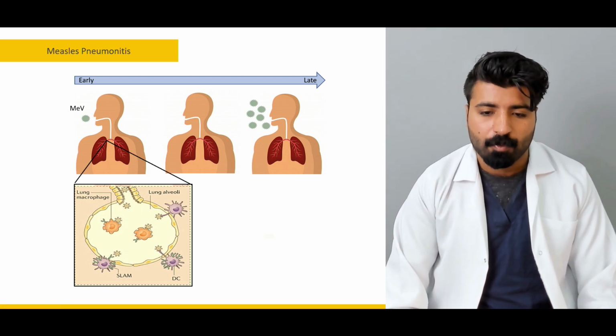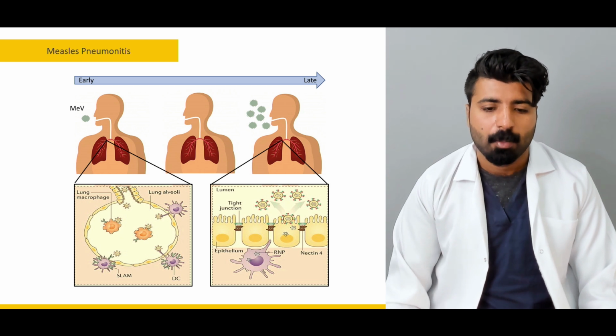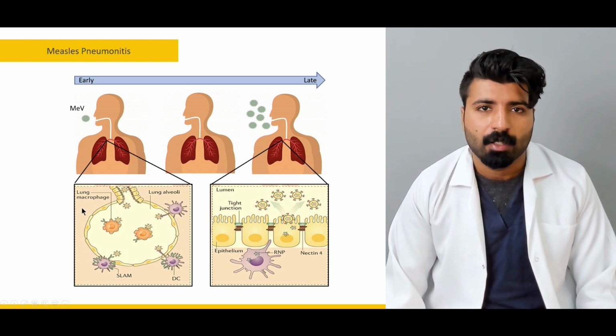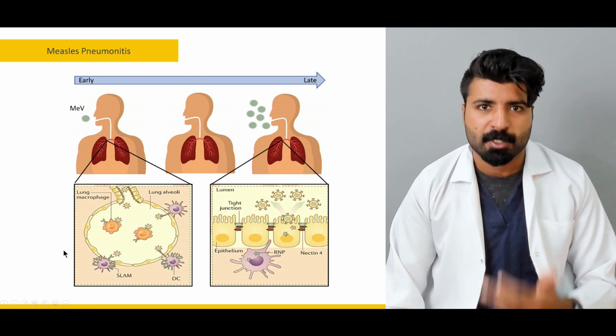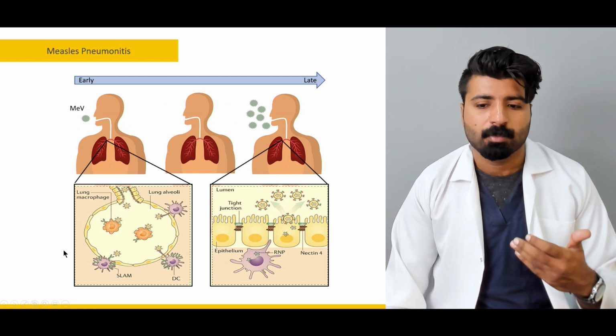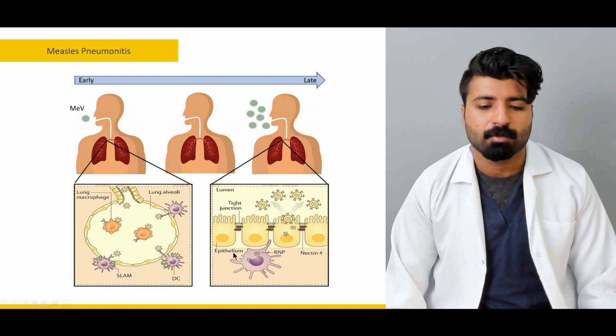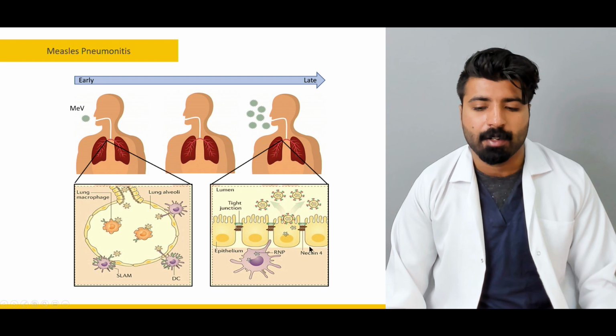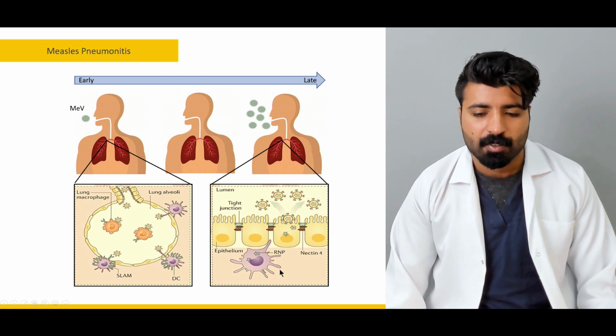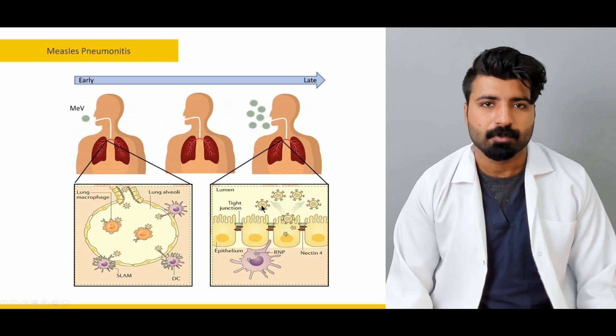But what's going to happen in the late phase? Maybe it gets resolved right around here. But if it's persistent and doesn't get resolved, the tight junctions in the lumen will be affected, the epithelium will swell, and look at these junctions. All these junctions will swell, and this will lead to measles pneumonitis.